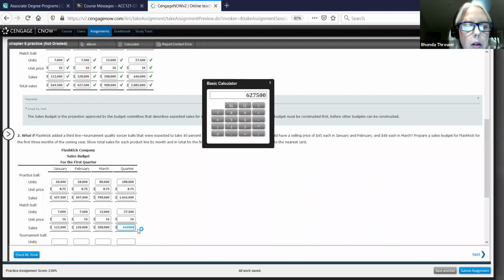So again, you're just copying in the information from the previous budget for the first two items.